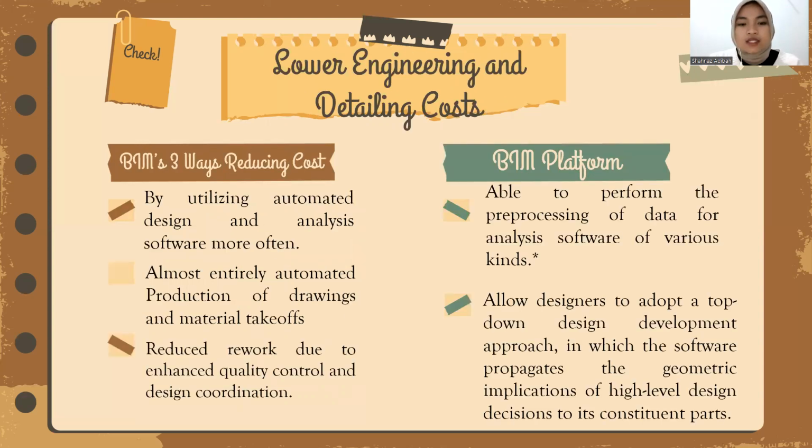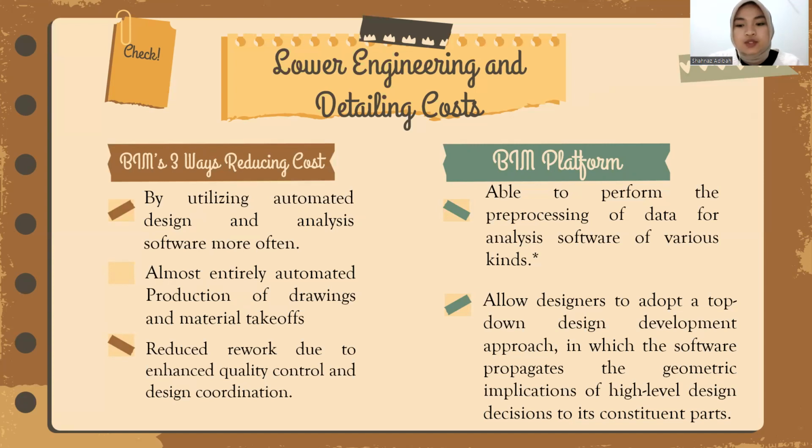The fourth benefit is lower engineering and detailing costs. BIM use reduces costs by utilizing automated design and analysis software more often, and an almost entirely automated production of drawings and manual takeoffs. And the last is reduced rework due to enhanced quality control and design coordination.